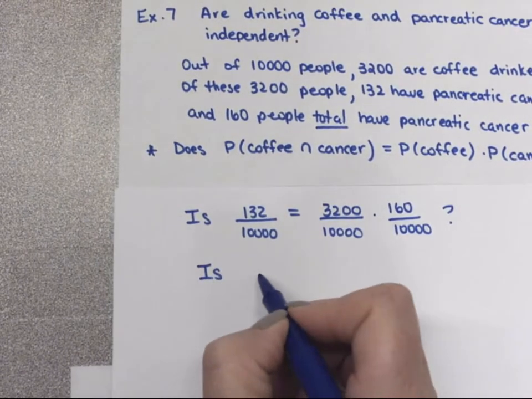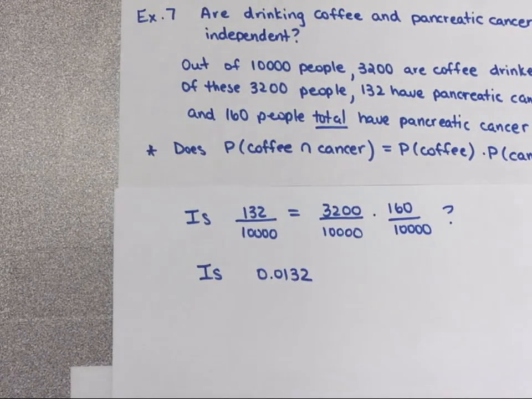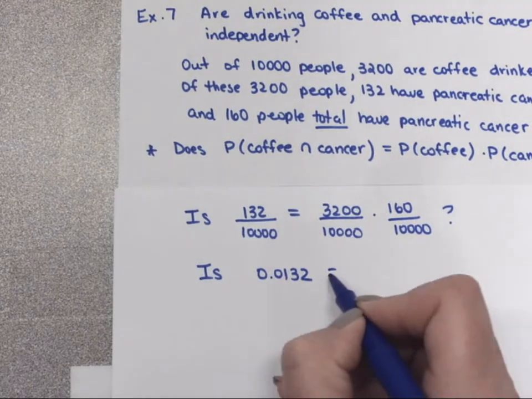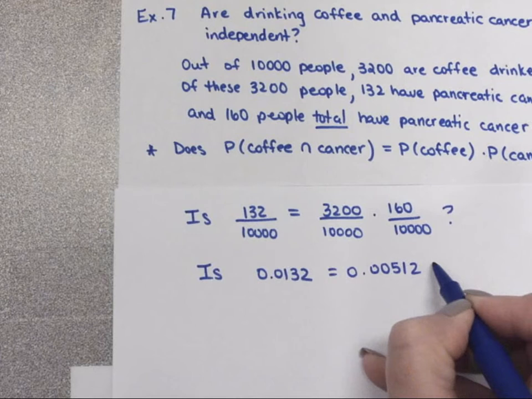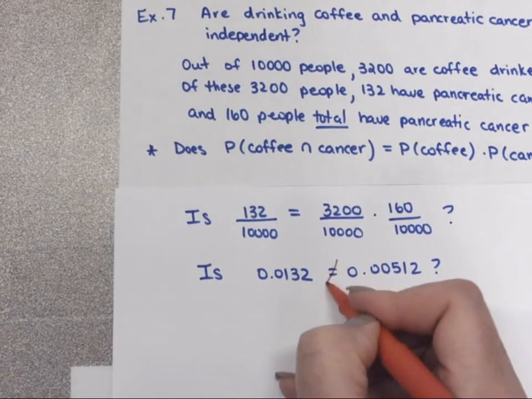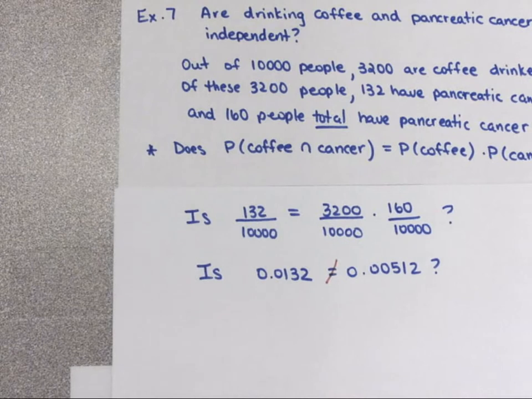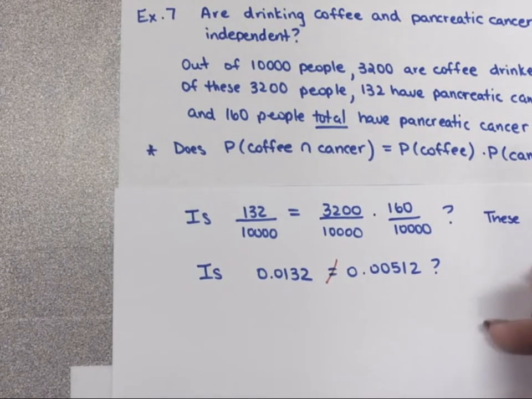So if you change these to decimals, and I would suspect that you would, this one comes out to be 0.0132. And this side comes out to be 0.00512. In other words, what? They're not the same, which means they are what to each other? Yeah, these events are dependent.